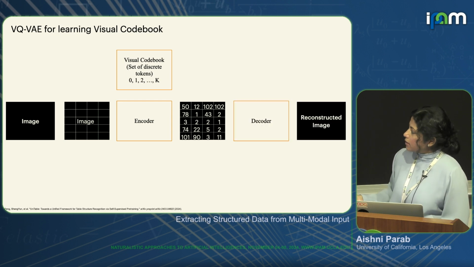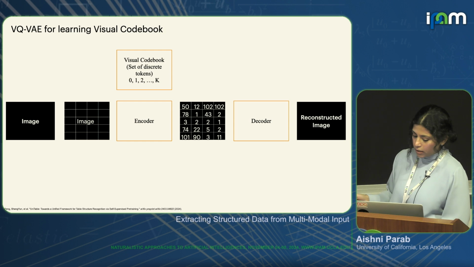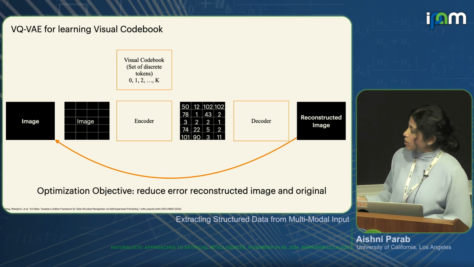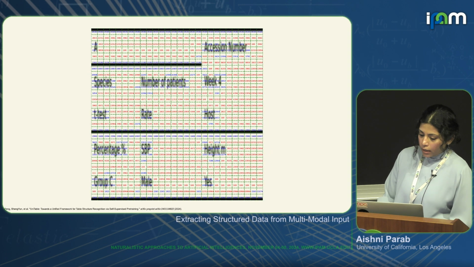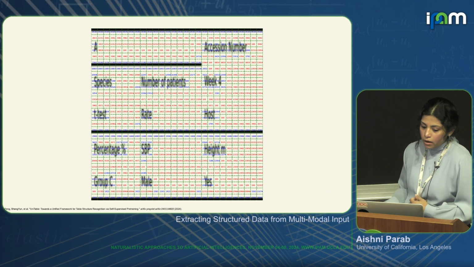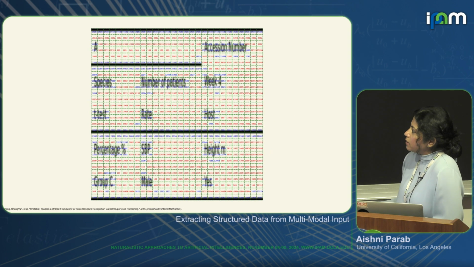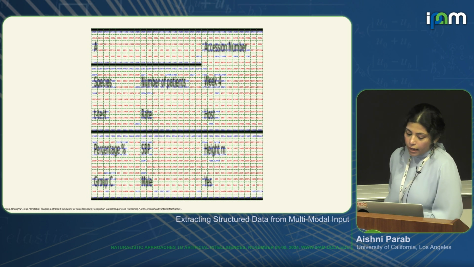And then in the decoding step, it takes the image with the patches and the tokens predicted and tries to reconstruct the image. And so the optimization objective is to reduce the error between the reconstructed image and the original image. And so what we end up with are patches which look like this after training. So as you can see, similar groups of tokens will appear in similar regions in the image.